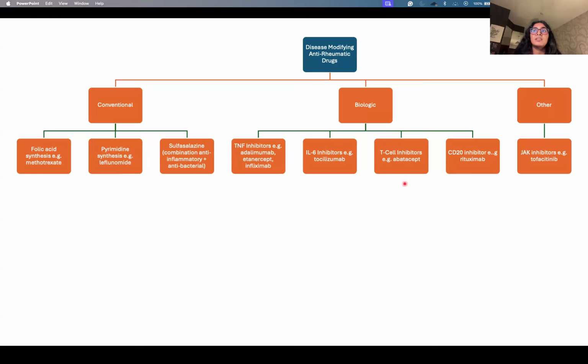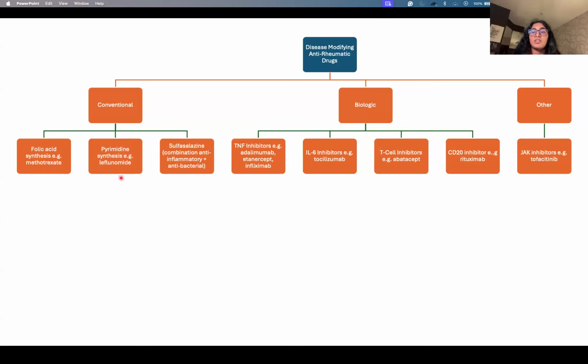Leflunomide. I think the key thing, just remember the big picture, is these are some of the common drugs, the first drugs that you start off with. Maybe just have an idea briefly of how each of them works. Methotrexate you definitely need to know. Leflunomide, pyrimidine synthesis, you might remember this is another one of those components of DNA. So again, it modulates the immune response.